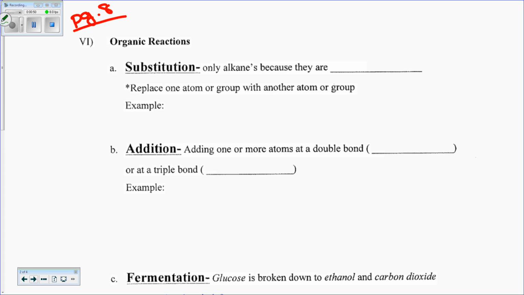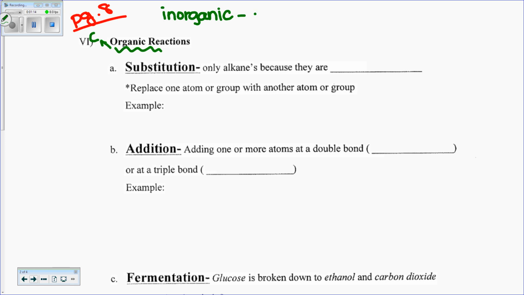So we're going to start with the organic reaction of substitution. But before, let's review. I have inorganic reactions, which I didn't tell you before that they were inorganic, but remember, organic things are going to have carbon in them. So inorganic just doesn't have to have carbon.